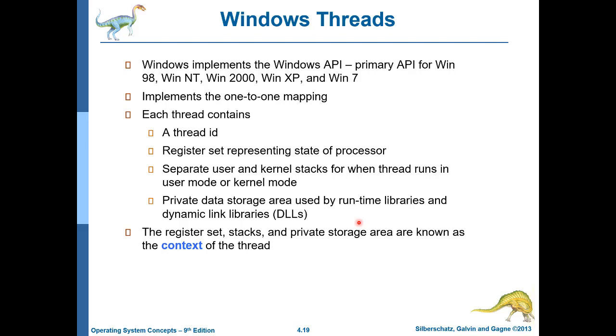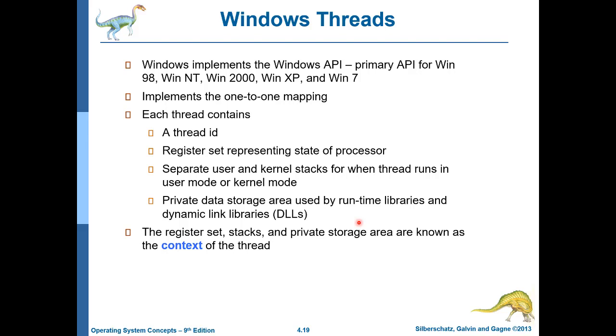But still, the basic thing you need to understand is that in Windows we have a one-to-one mapping between the user level threads and the kernel level threads. Now each thread has a thread ID, which identifies it uniquely in the operating system. Each thread has a register set which represents the state of the processor, what the values are now inside the processor.